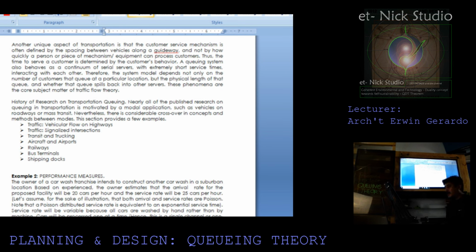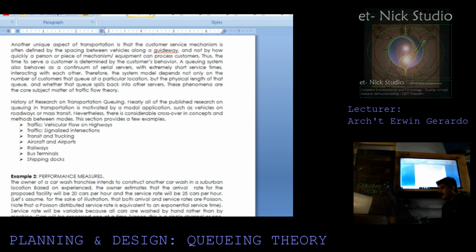History of research on transportation queuing. Nearly all of the public research on queuing in transportation is motivated by a modal application, such as vehicles on roadways or mass transit. Nevertheless, there is considerable crossover in concepts and methods between modes.